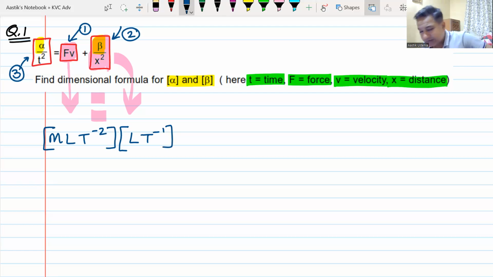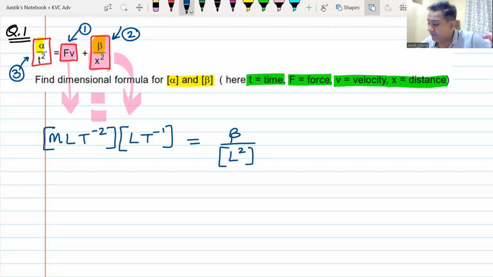Actually, force into velocity becomes power, and we will see this formula in the chapter on work, power and energy. So, force into velocity is M L T minus 2 into L T minus 1. That must be equal to the other quantity, the dimension of beta divided by x squared. X is length, x is distance, so the dimension is L square.